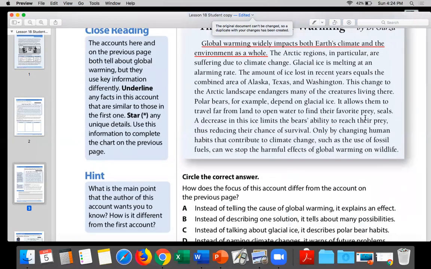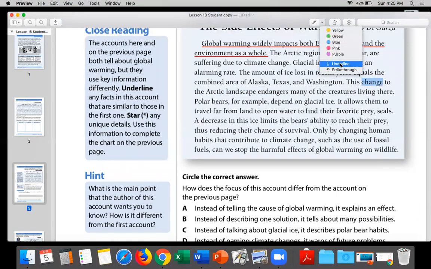And then the next one is, in this sentence right here, this change to the Arctic landscape endangers many of the creatures living there. Okay, but we're not going to underline the Arctic landscape because the first one does not talk about that. But this last one does.